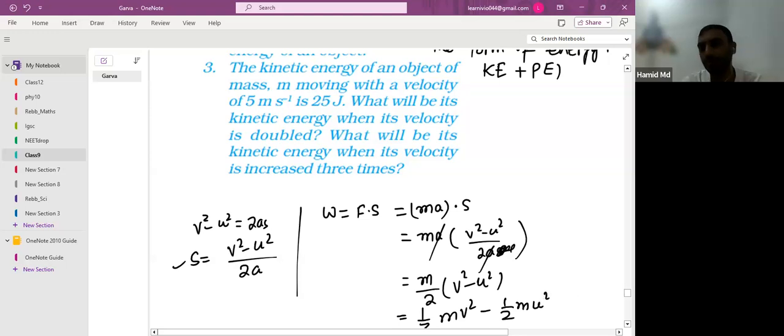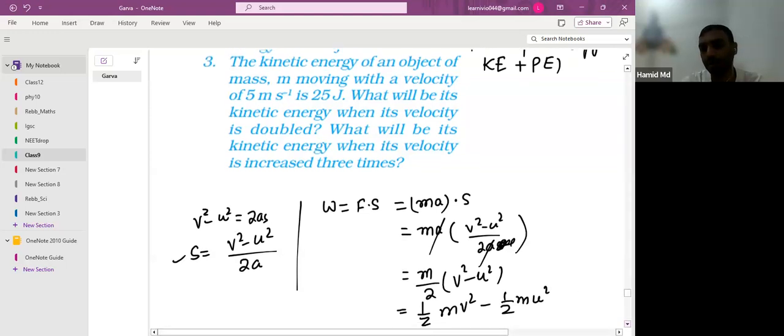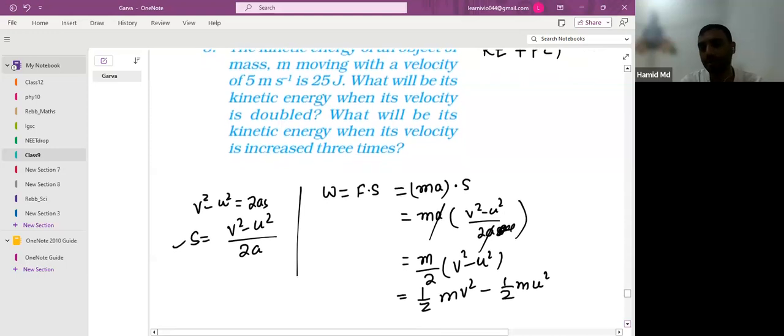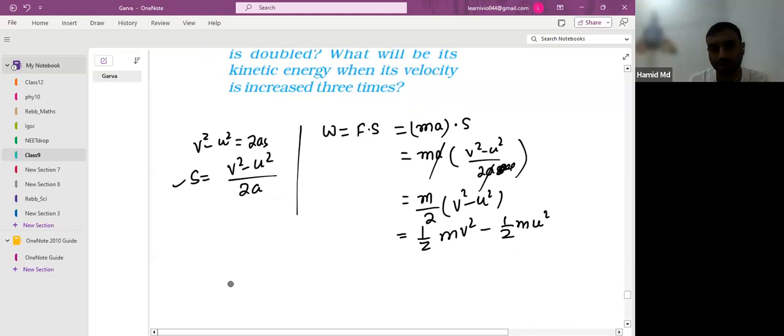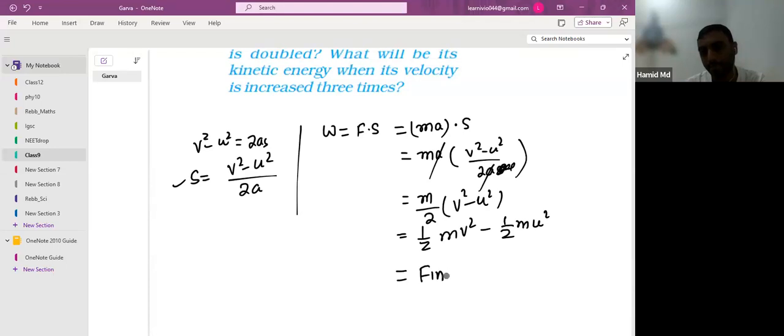Half of mv square and half of mu square, where v is the final velocity and u is the initial velocity. That's why it is final kinetic energy minus initial kinetic energy. Initial KE means kinetic energy. Did you understand this?